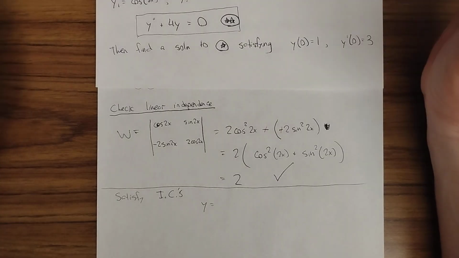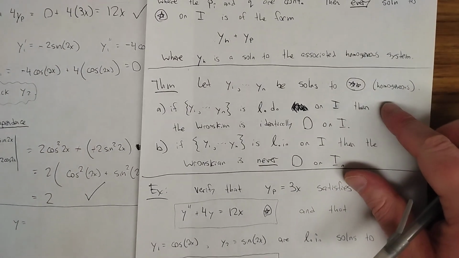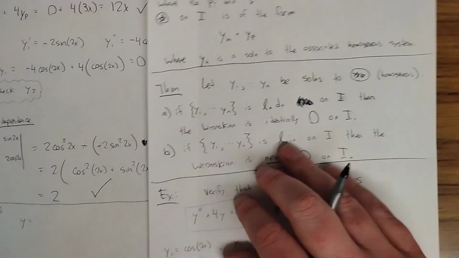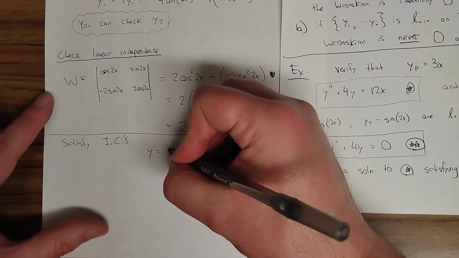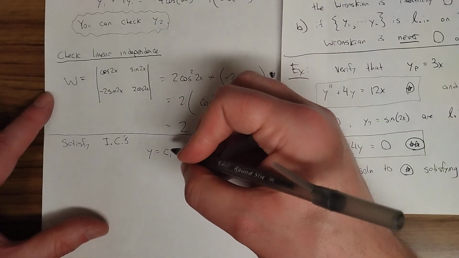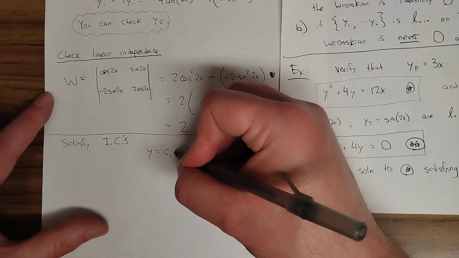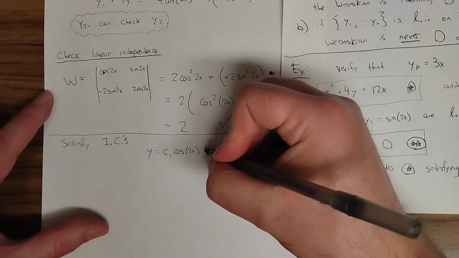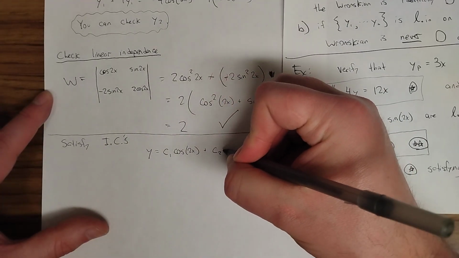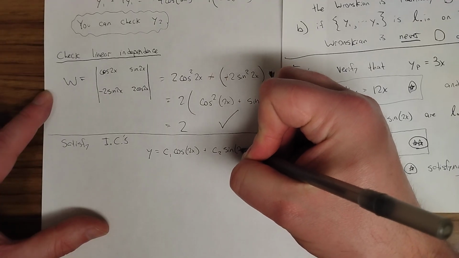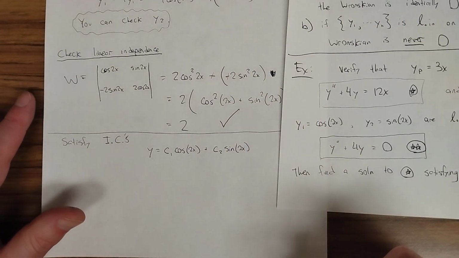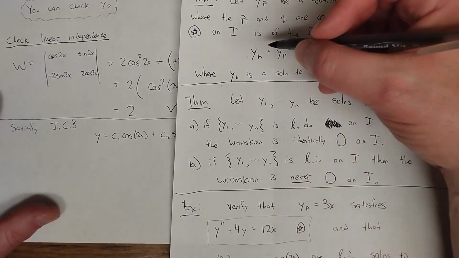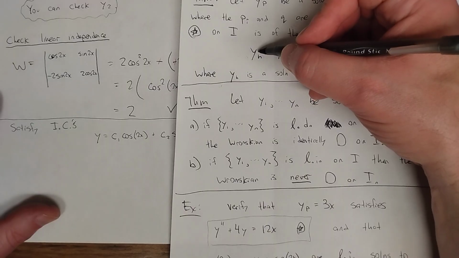So, okay, I have a solution to the homogeneous system, and what does that look like? That looks like something times y1, so c1 times y1, plus something times y2, so c2 times y2, and so far I just wrote what y sub h looks like.